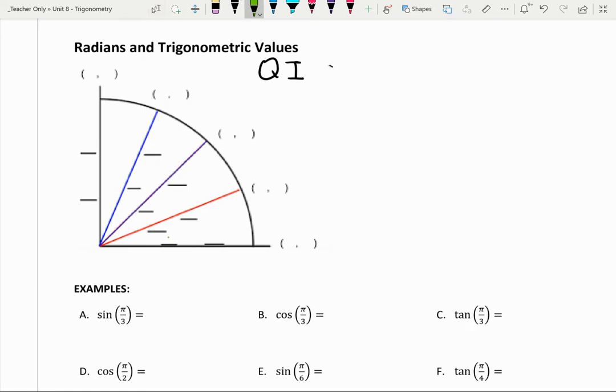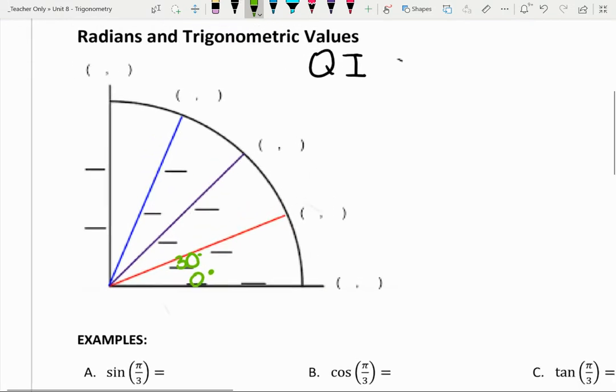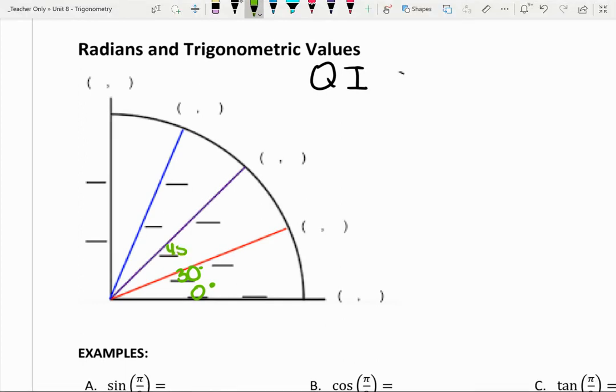So we know we've got 0 degrees, 30 degrees, I'll zoom in just a little bit more, 45 degrees, 60 degrees, and 90 degrees. Now I'm going to go ahead and fill this in with our radians, our x and our y values. If you'd like to test your knowledge of the unit circle here, you could actually pause, fill in the radians, and then check back in, and then we'll do the other coordinates as well.